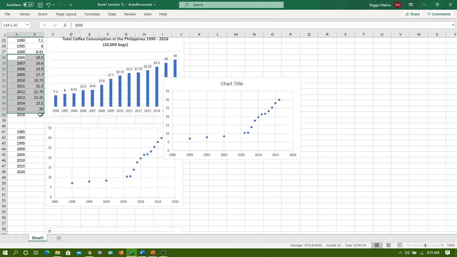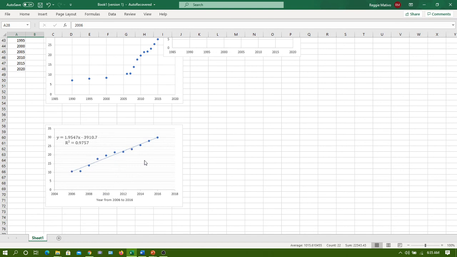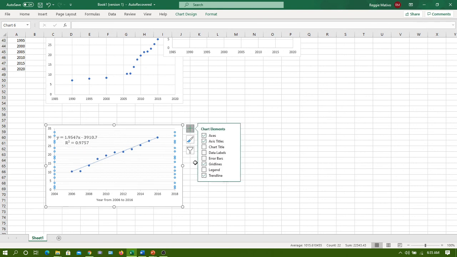I highlight from here and then right click to make a scatter plot, and then it gives me this one. When this graph comes out, it has automatically this formula here on the left side. And then you just click add and then check trend line. And when you check trend line, this line will come out.